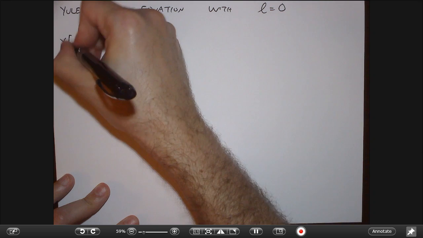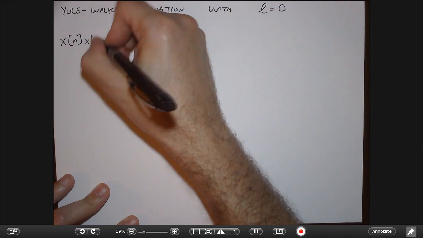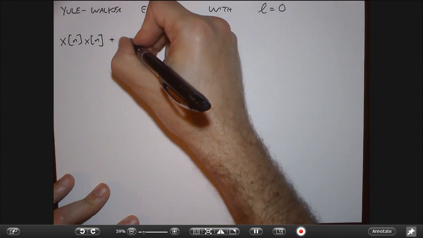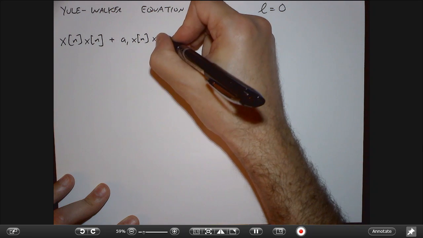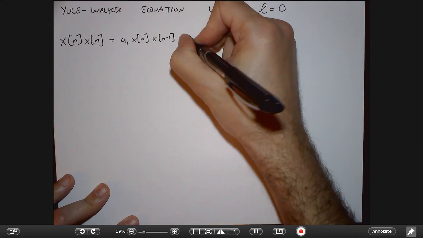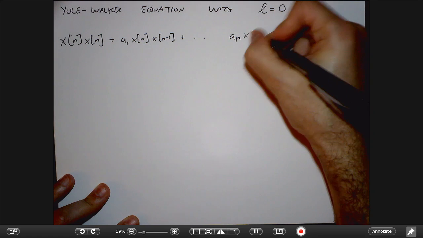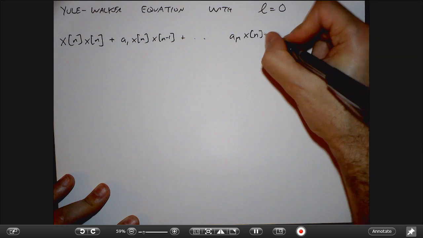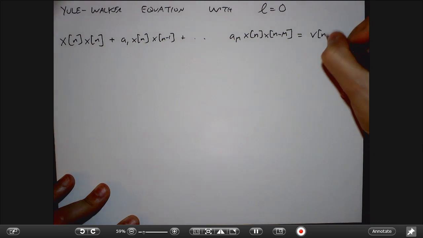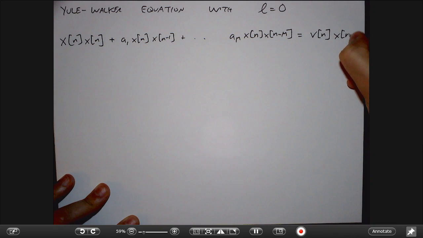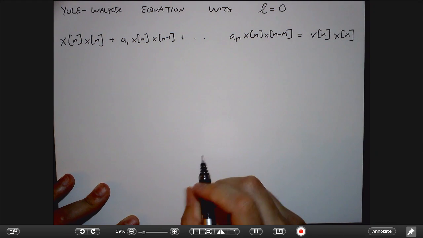Basically what that says is I'm multiplying it by this, and on the right-hand side, I have the noise and the current thing.